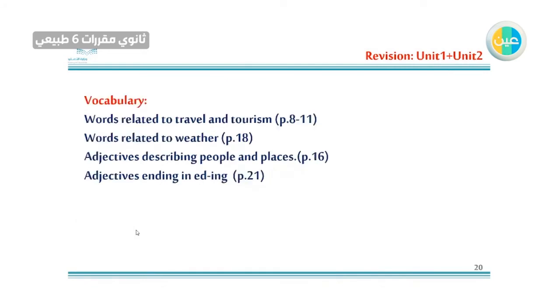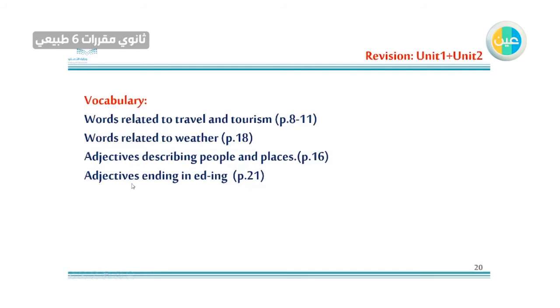By this we come to the vocabulary section. In Module 1, Unit 1 and Unit 2, we talk about words related to travel and tourism, pages 8 and 11. Words related to weather, page 18. Adjectives describing people and places, page 16.